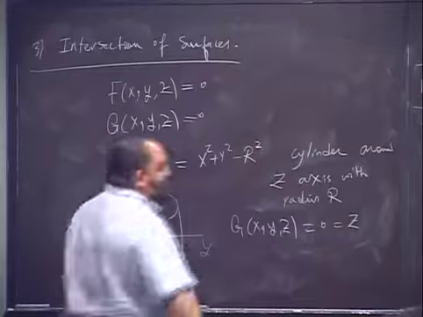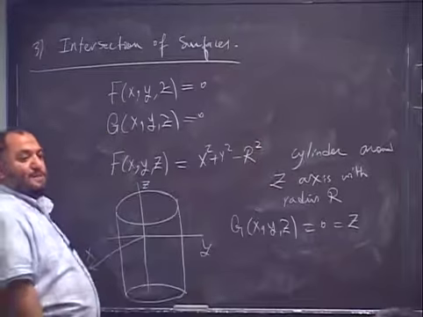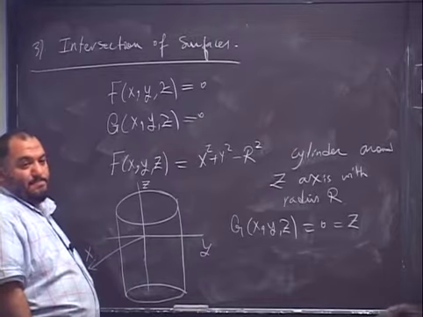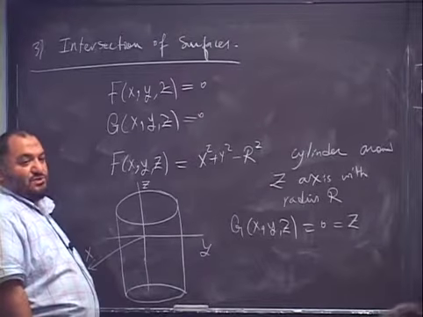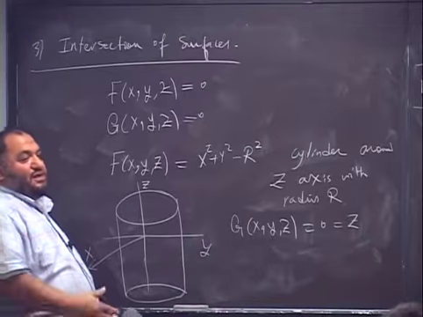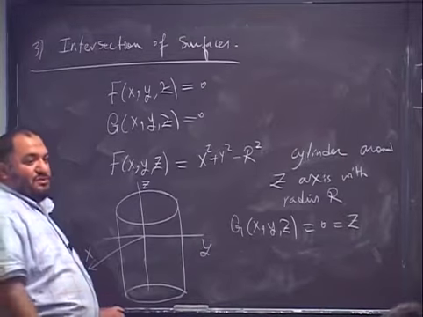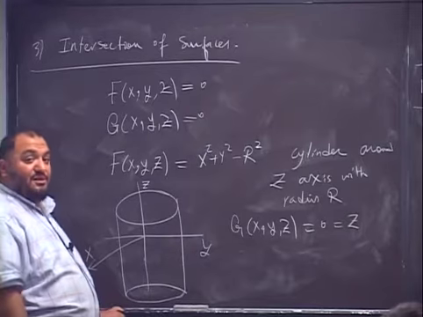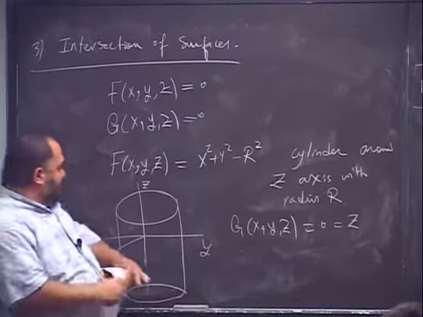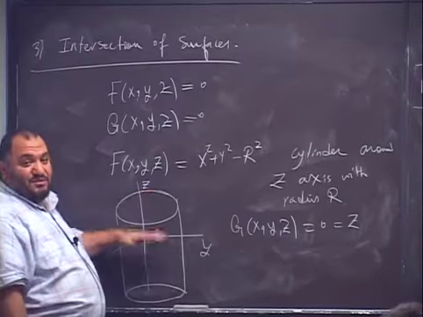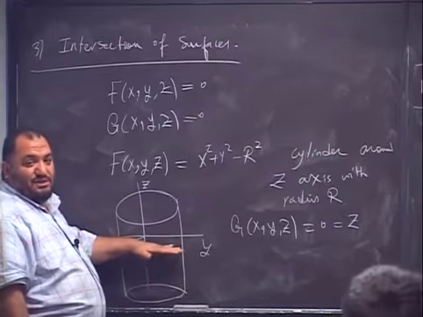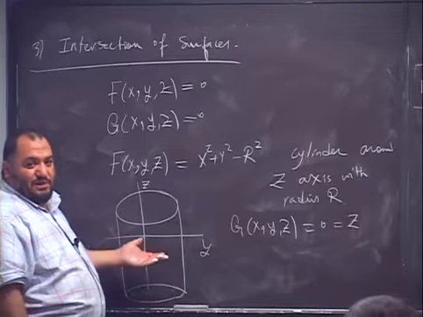So what's the equation of z equal to 0? If I give you an equation, I say z equal to 0, this is the equation of what? It's a plane that cuts the z-axis at 0. And where does it lie? The XY plane.